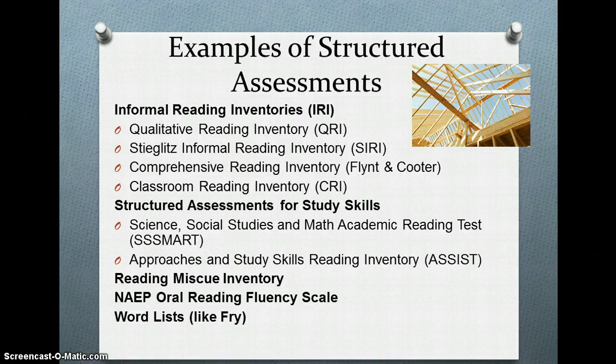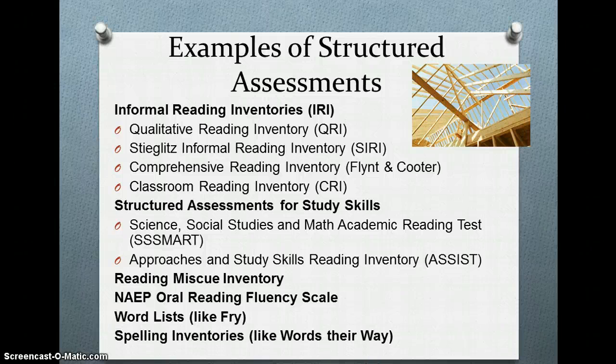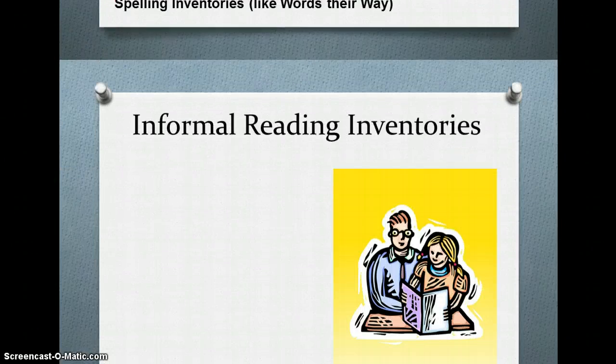It's actually a rubric. Any type of rubric would be a structured assessment. A word list, like Fry's word list, would be a structured assessment, as well as a spelling inventory, like Words Their Way. And again, anything from your core book or the QRI, that would be a structured assessment. There are consistent materials that you are using.